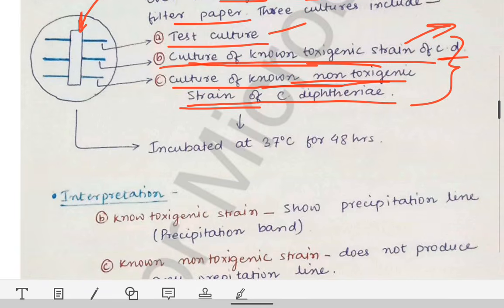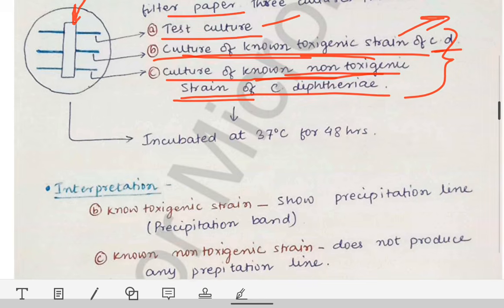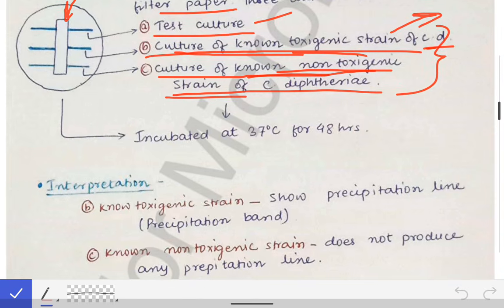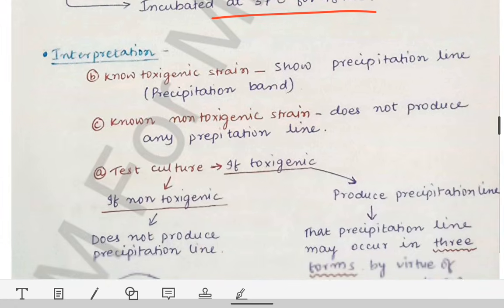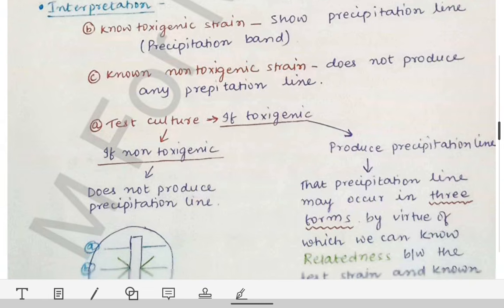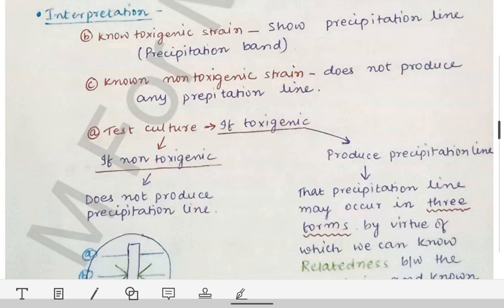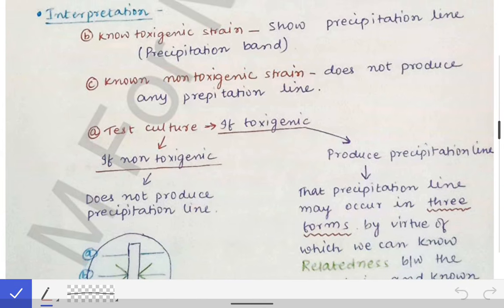Now coming to the interpretation. After streaking, we will incubate it for 48 hours at 37 degrees centigrade, and then we have the interpretation. How will we interpret it? Interpretation is very easy. When there is a known toxigenic strain, there is formation of a precipitation band. That means our test is valid.